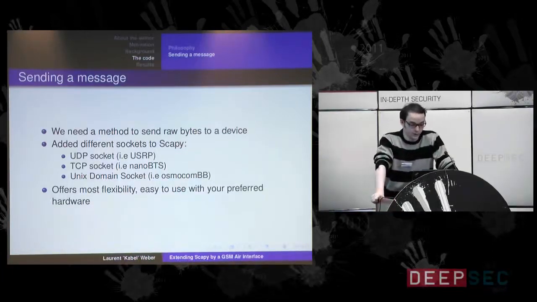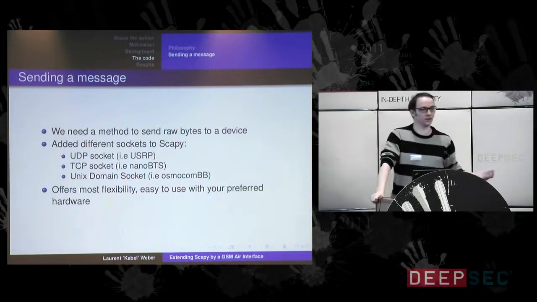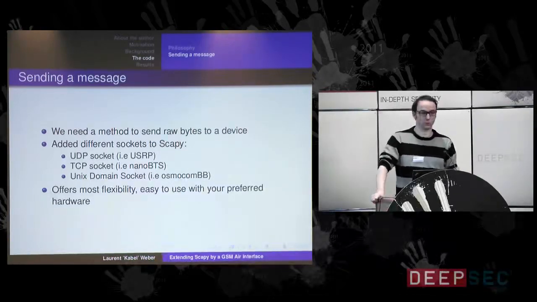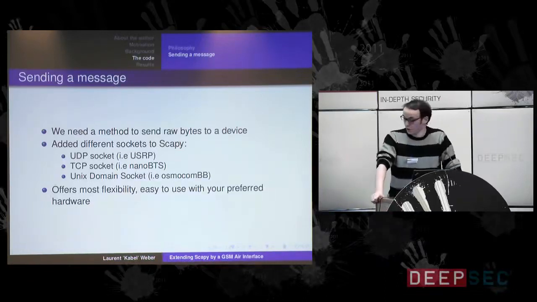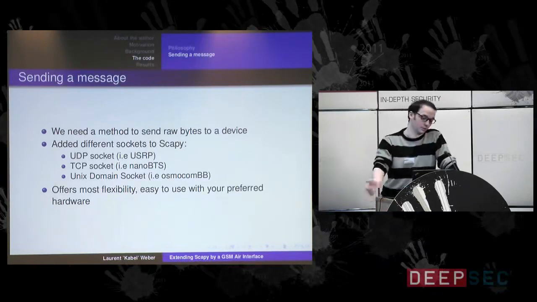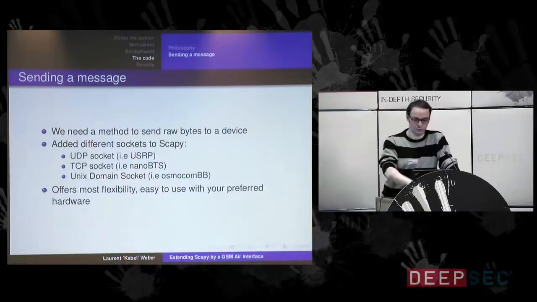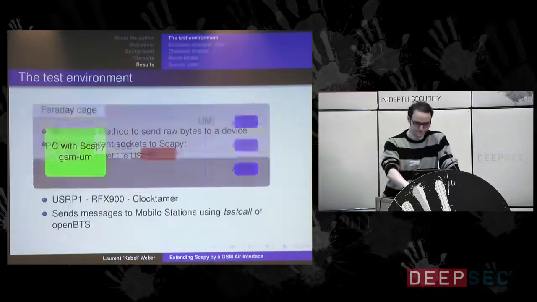All these three types of sockets should allow the most flexibility, and users should be able to share the code without having to do much patching to make it work on different hardware. So I think this is the best way to have a wider reach.